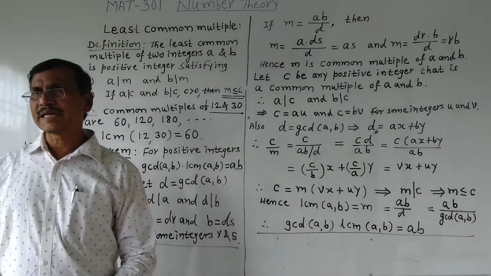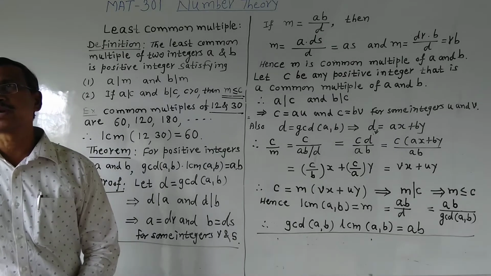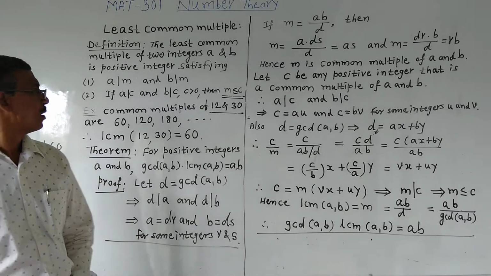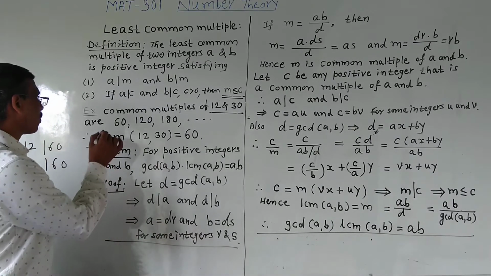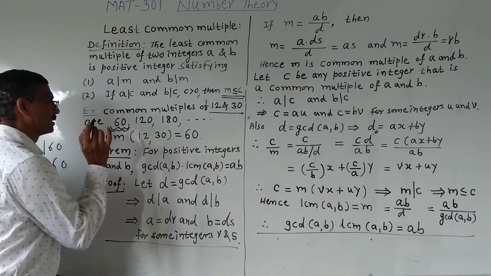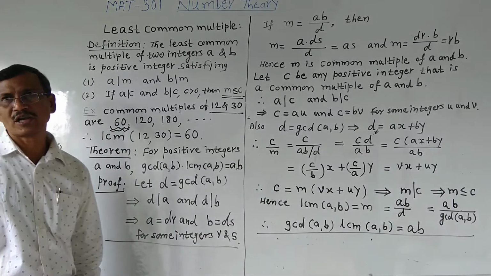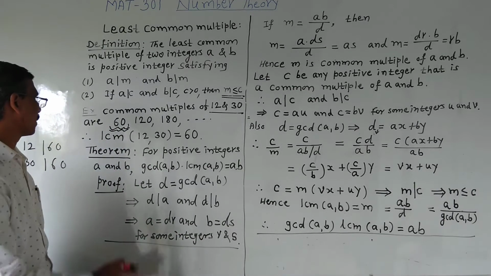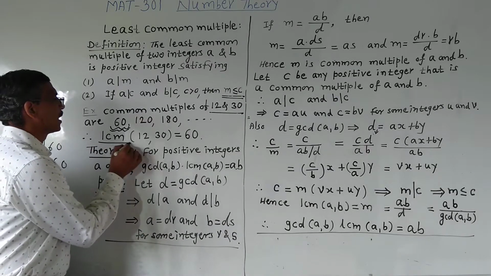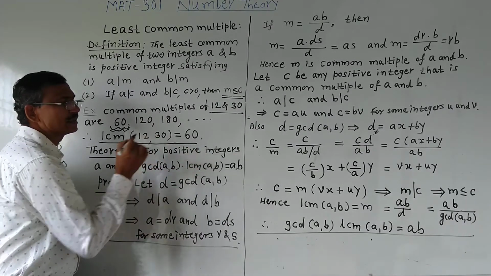But among these infinite common multiples, we can observe that the smallest is 60. Therefore, the least common multiple of 12 and 30 is 60.